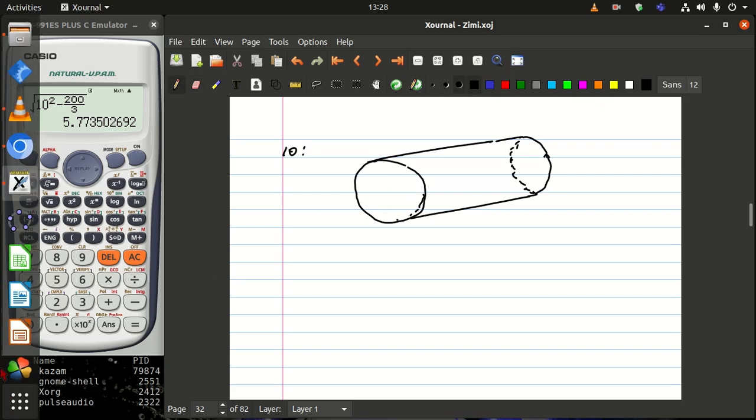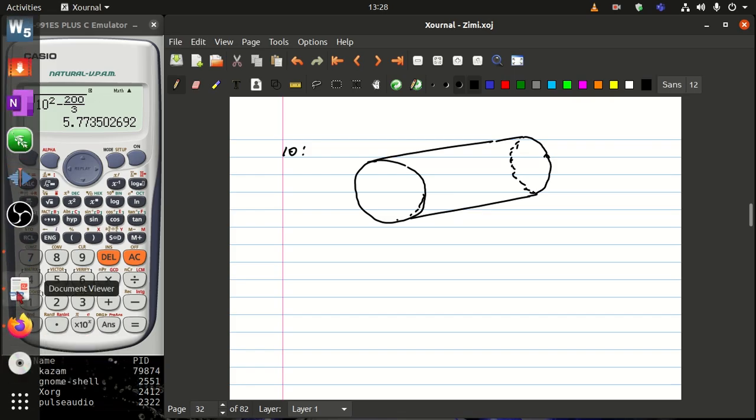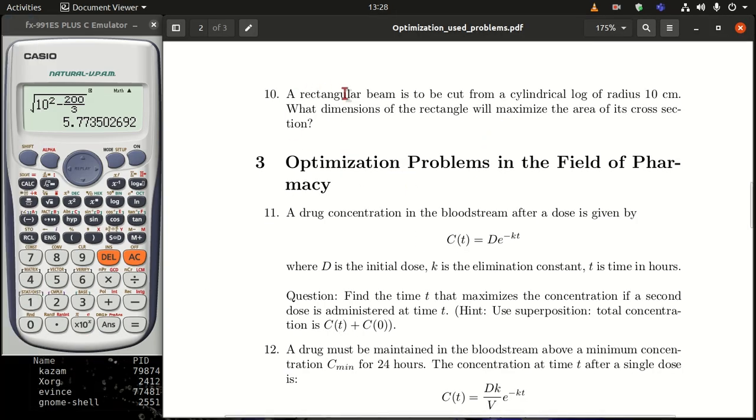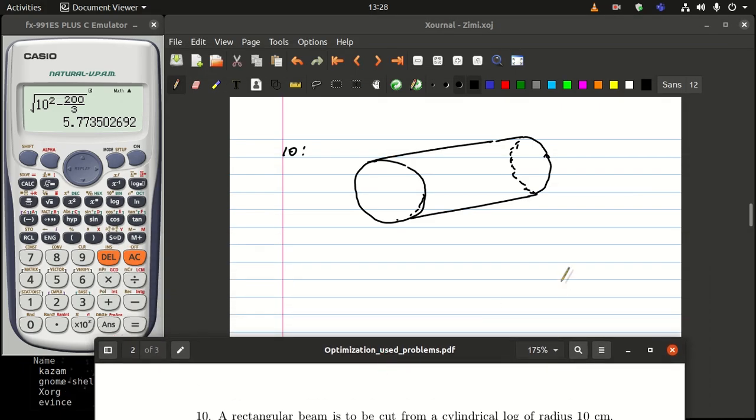Where's this question now? I don't want to end up doing my own things. A rectangular beam is to be cut from the cylindrical log of radius 10. What dimensions of the rectangle will maximize the area of its cross section? So dimensions of the rectangle.